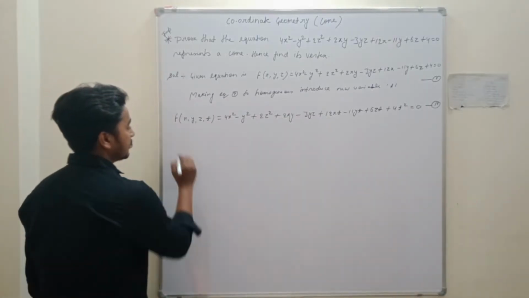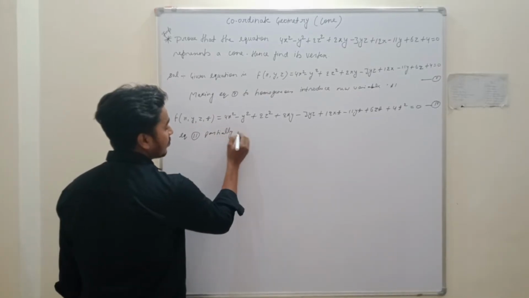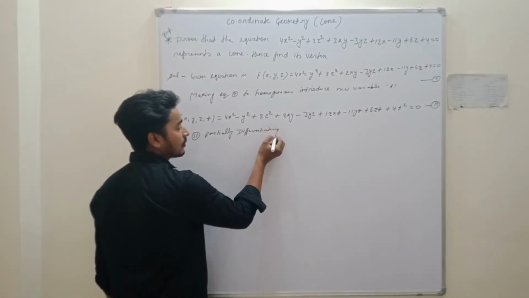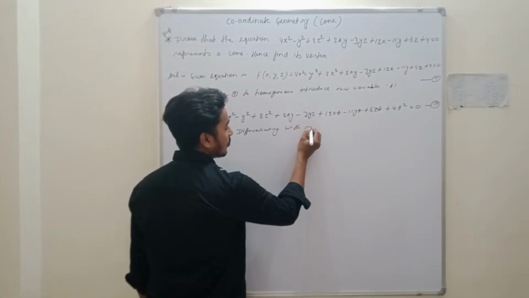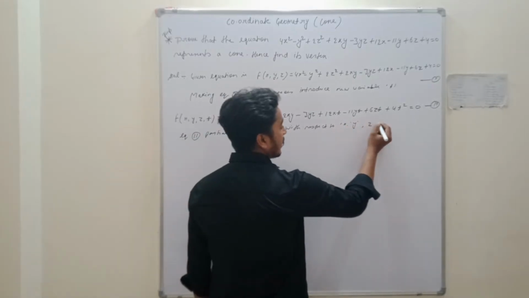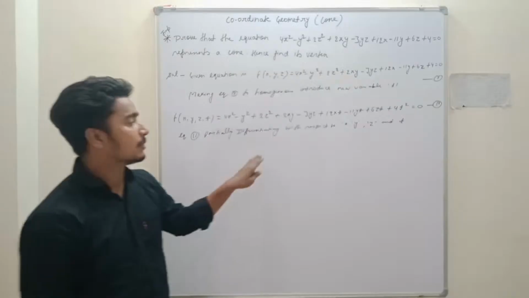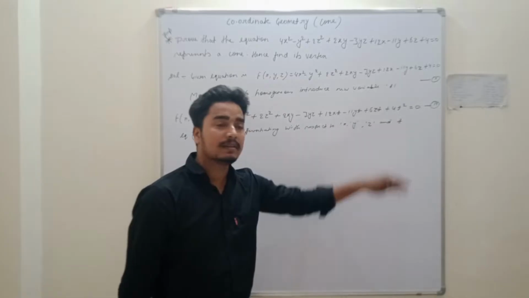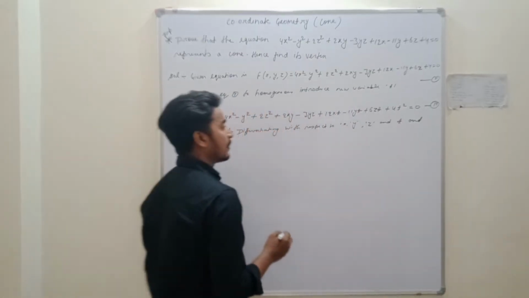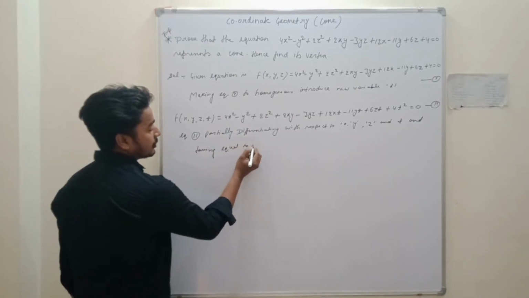Equation 2, partially differentiating with respect to x, y, z and t, first x, then y, then z and then t, and taking each partial derivative equal to 0.